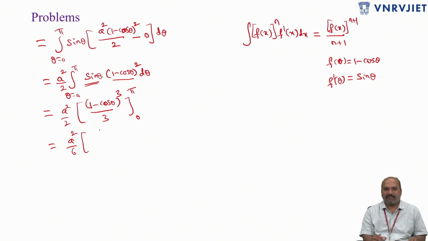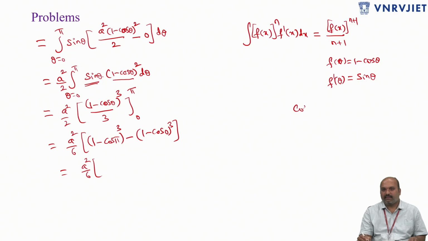Instead of theta, pi: it is 1 minus cos pi whole cube, minus the substitution of the lower limit, 1 minus cos 0 whole cube, which equals a square divided by 6. What is cos pi?